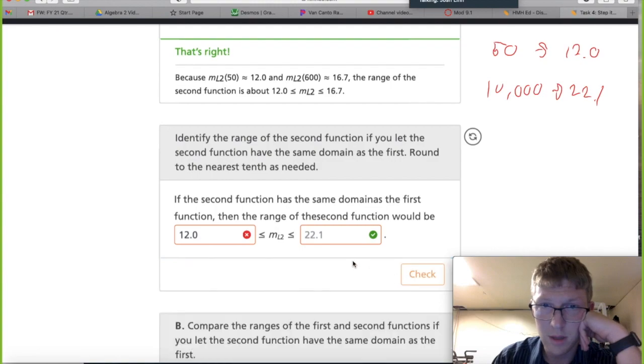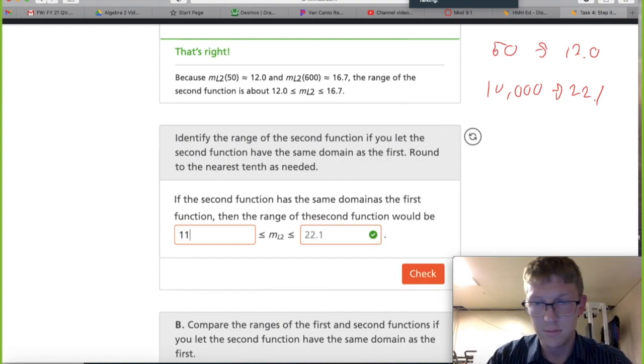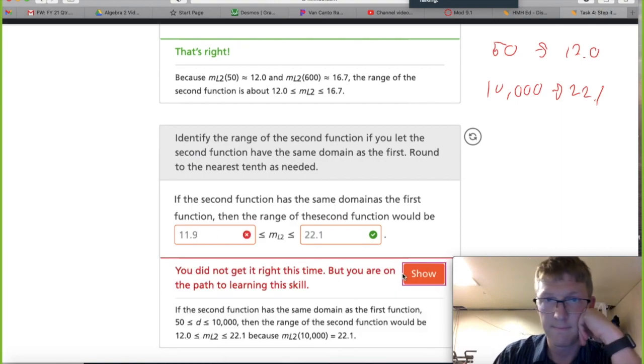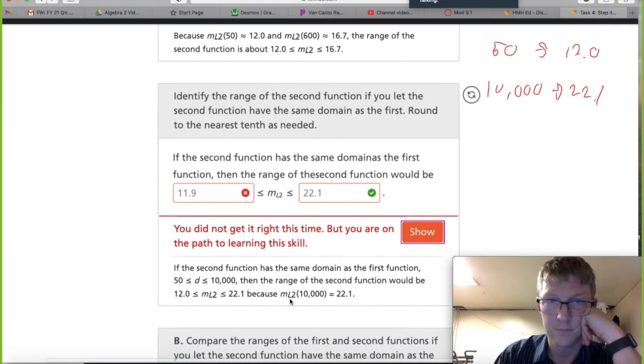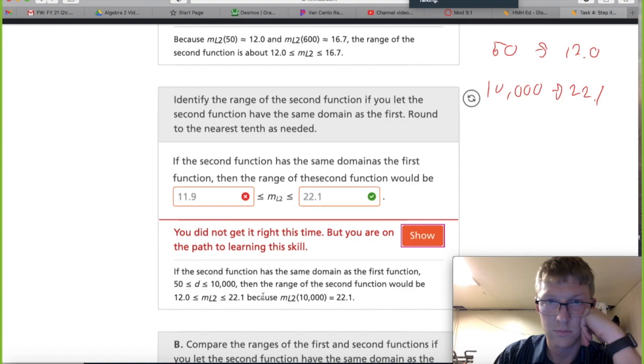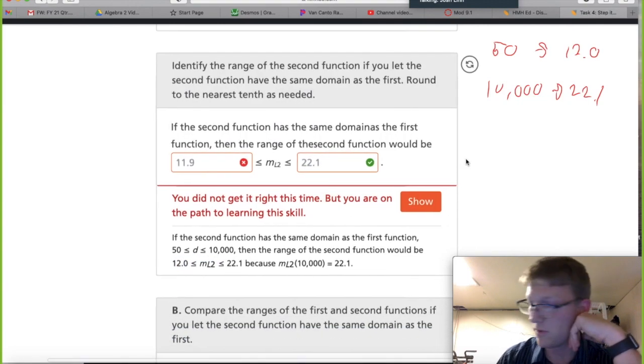Maybe they want 11.9. Okay, that's a bug, because they're giving me the answer and that was 12.0. So we're just going to move on.